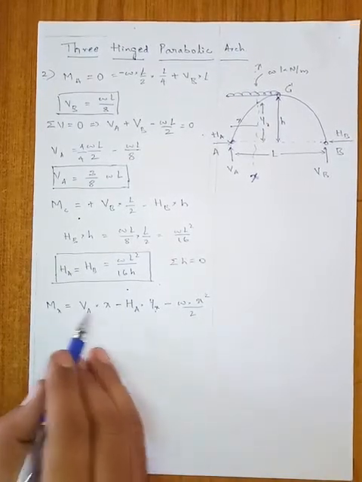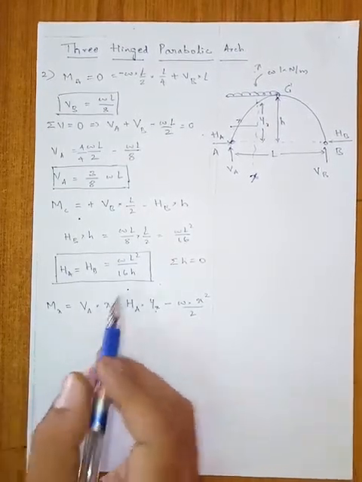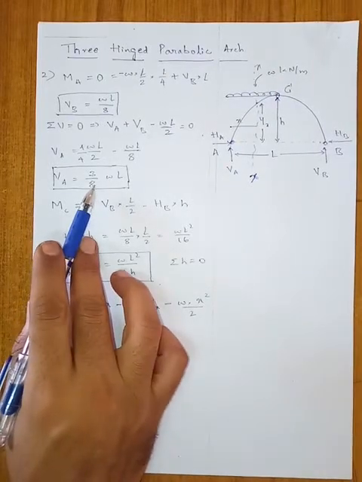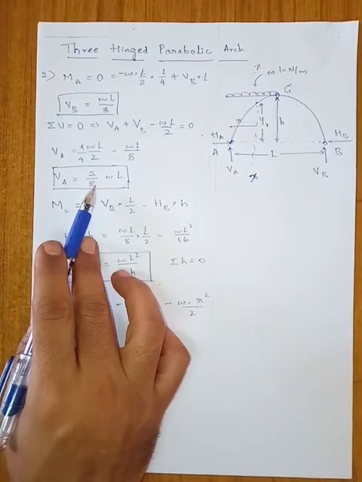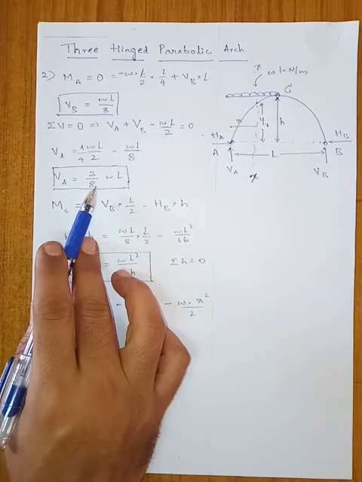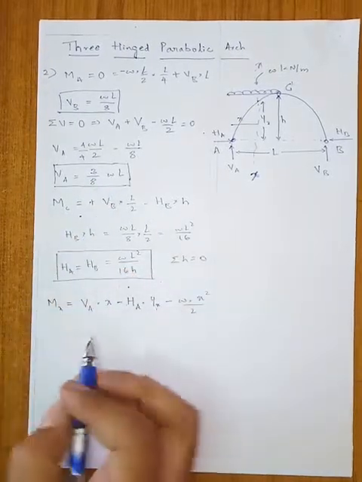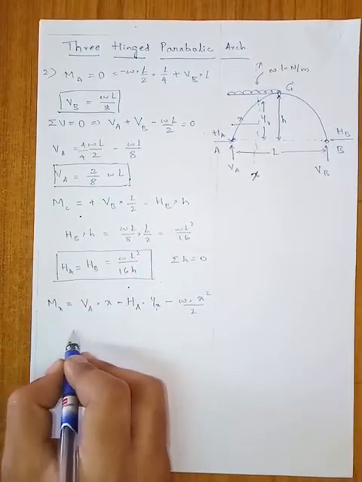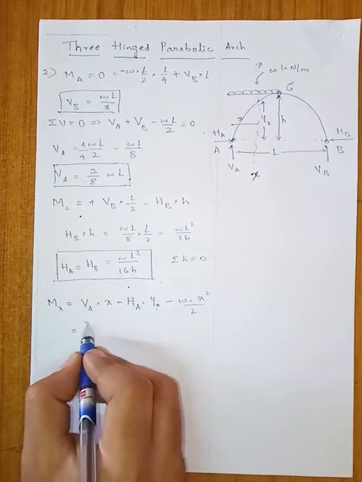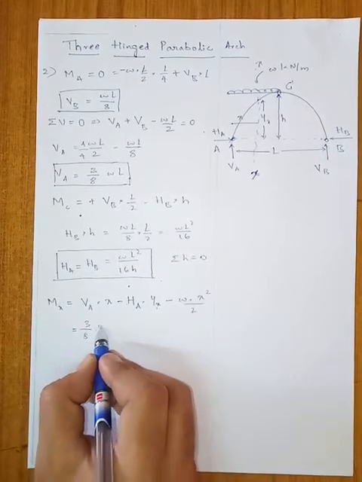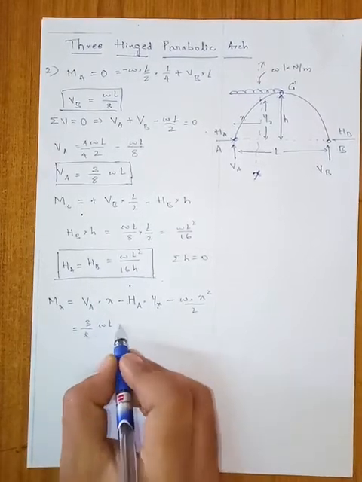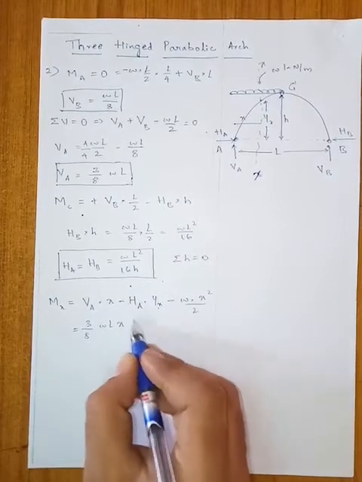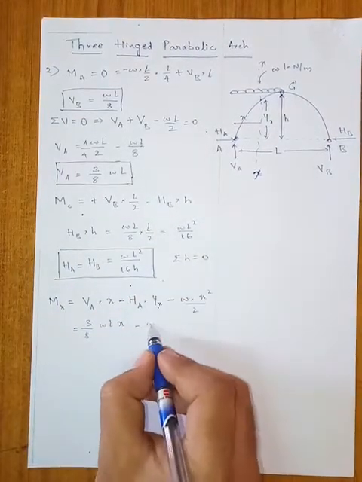Now substitute the values of VA and HA. Earlier we had VA for the entire span as WL by 2. Here we have 3 by 8 WL. Substitute this: VA is 3 by 8 WL into x minus HA, which is WL square by 16H, into y of x.